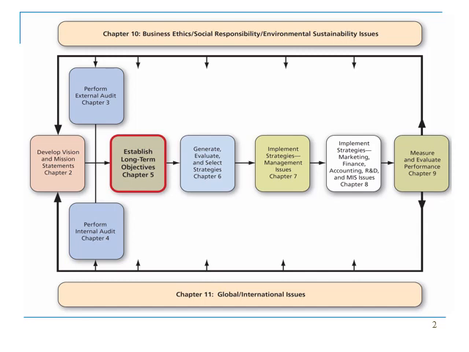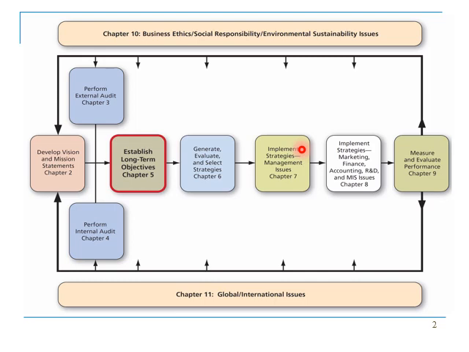Now we are at chapter number 5, where we need to establish the long-term objectives, and after this we would be able to generate, evaluate, and select the strategies, and then we will move towards implementation and evaluation.